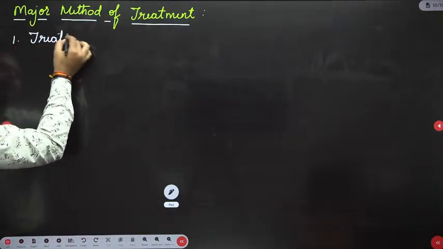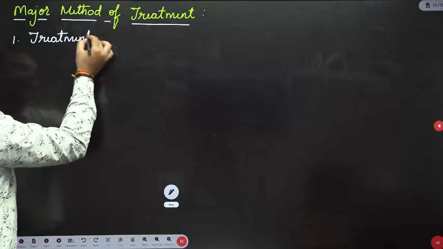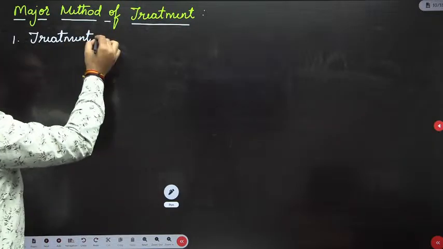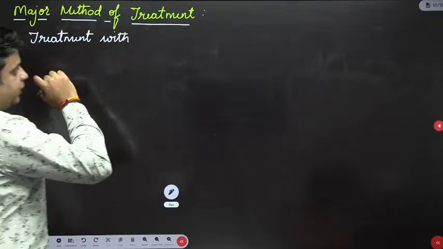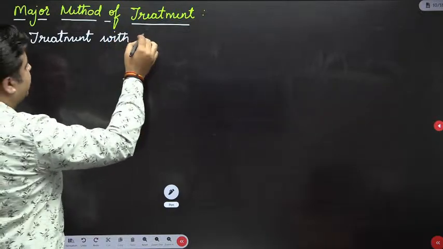Usually in all parts of India, we go with this treatment. So treatment with chlorine is the mostly used disinfection unit in all the treatment plants.